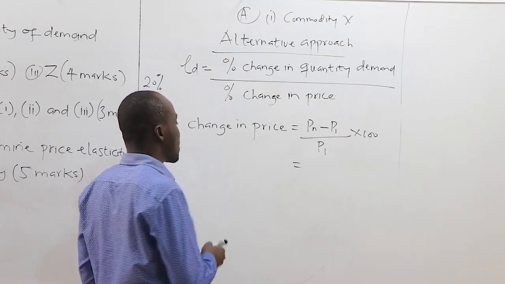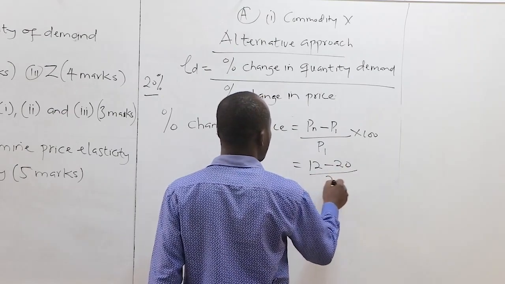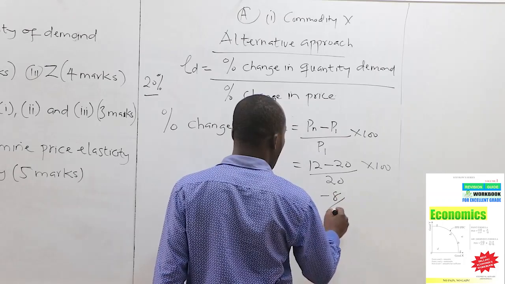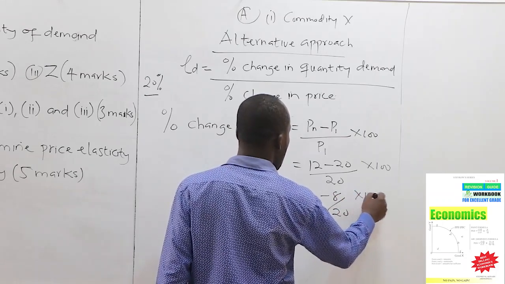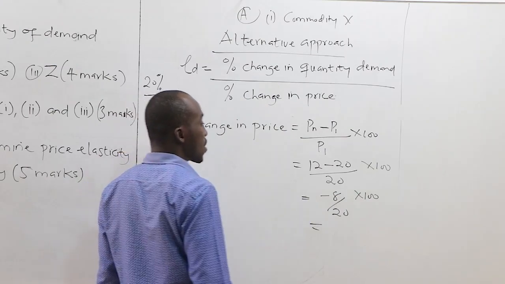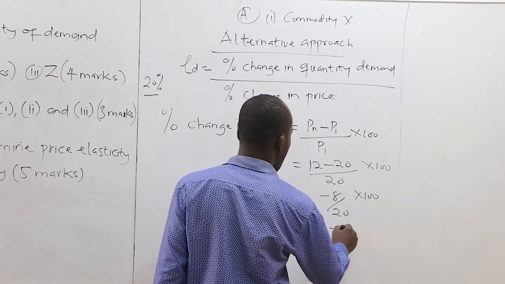What's the new price? The new price is 12. The initial one was 20, divided by 20 times 100. What do you have? Negative 8 divided by 20 times 100. And that gives you negative 40%.